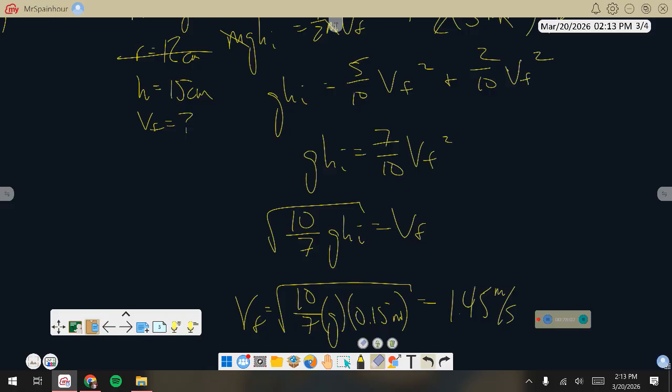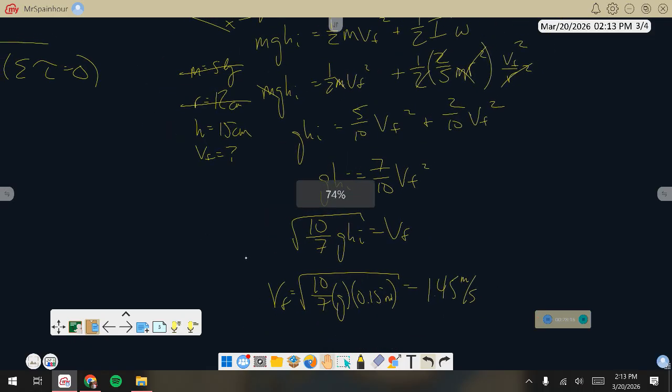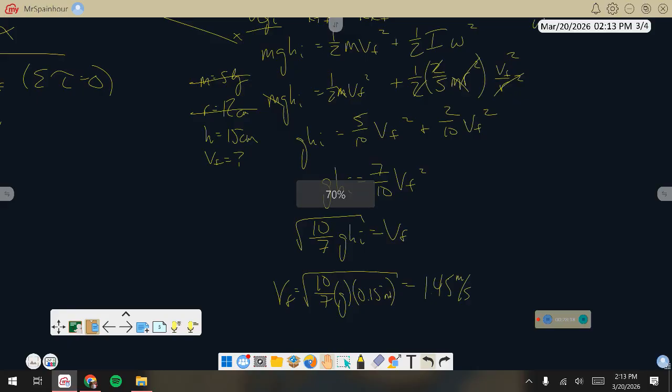Would anything about that have changed if we had done the bocce ball? So what is it up here that is actually changing? Like if I go from bocce ball to tennis ball, mathematically, we're not going to do it, just show me real quick. What does change in all of this work if you are doing a tennis ball instead?